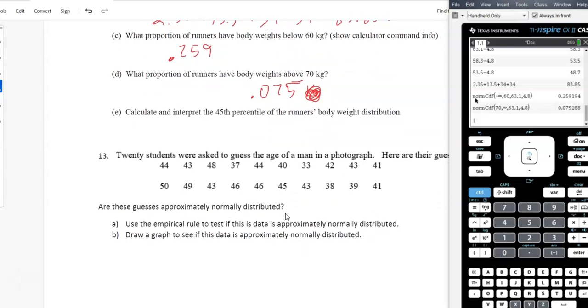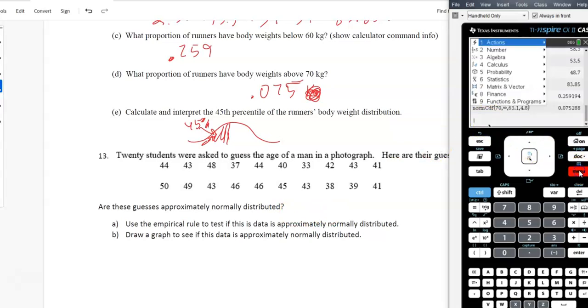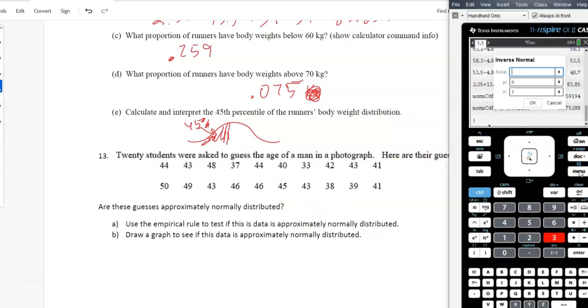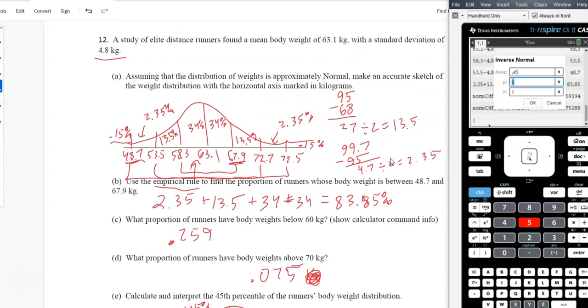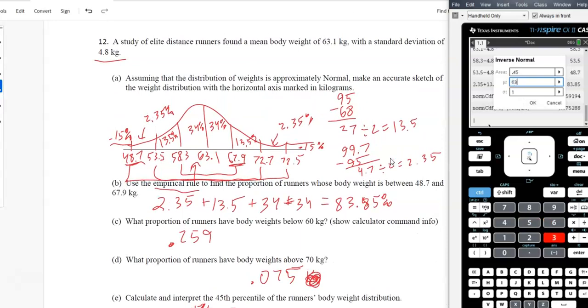Calculate and interpret the 45th percentile. So if you think about it, you're doing the 45th percentile. So 45% of the runners. So you're shading the left there. So we want to go menu, 653 is the inverse normal. We want to the left is 0.45. And we're going to say what those things are, if I can remember those. 63.1 and 4.8.